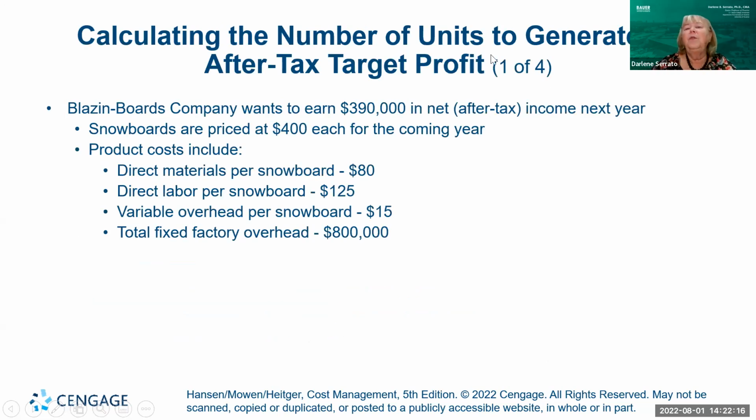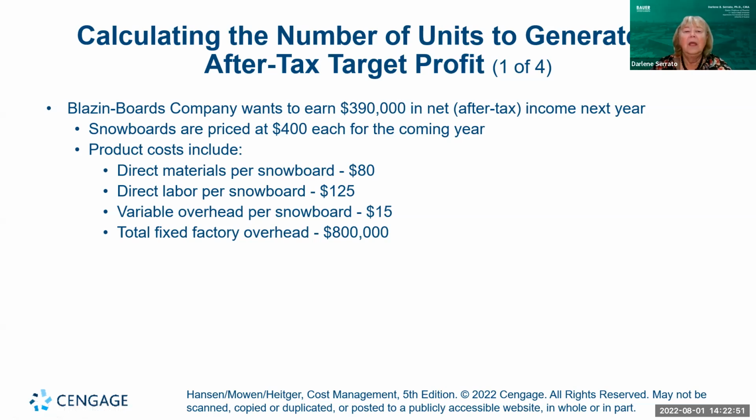So for the number of units needed to generate an after-tax target profit, we are going to introduce two more variables: T, the tax rate, and N, which is after-tax income. So the after-tax income we want is $390,000. We want to convert this into a pre-tax income.